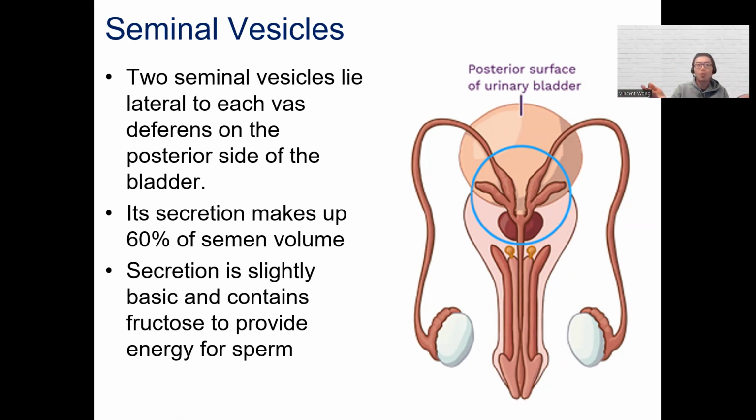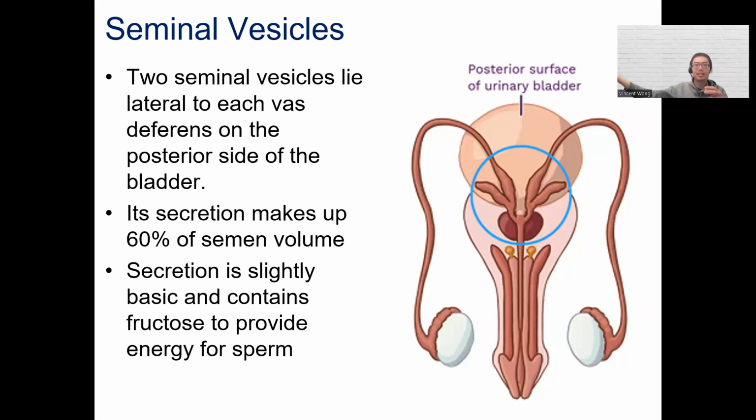They have to swim a long way to meet the egg, right? They go into the vagina, they go up through the cervix. Okay, half will go one way, the other half will go the other way. They don't know which way the egg is coming out from. Okay, it's not like both ovaries release the egg, right? Each cycle, only one egg comes out from one side, right?